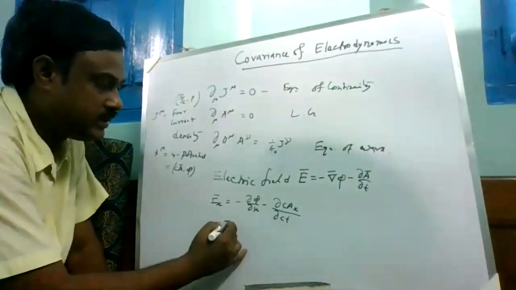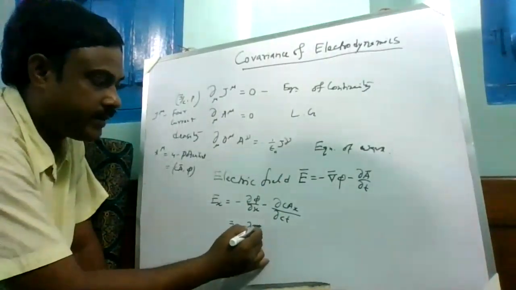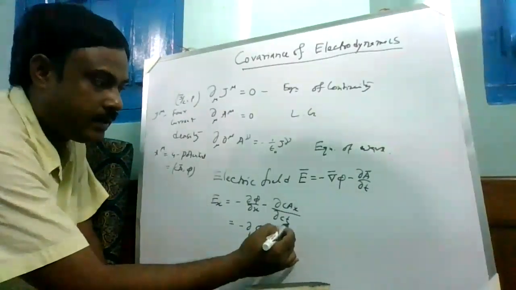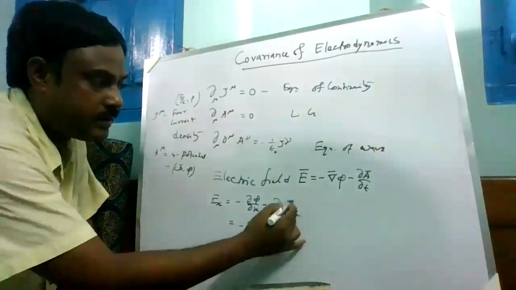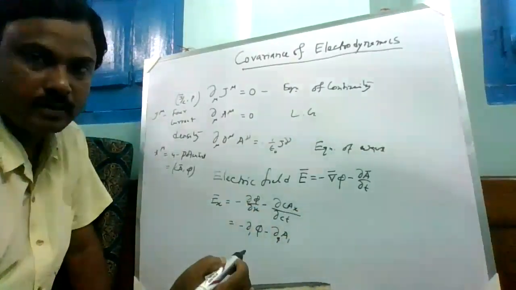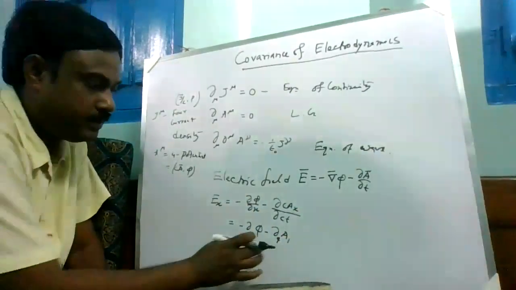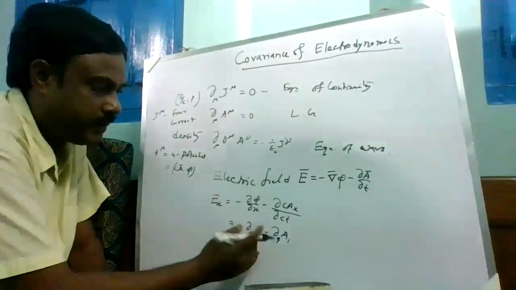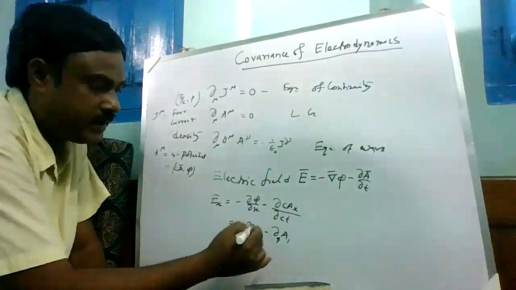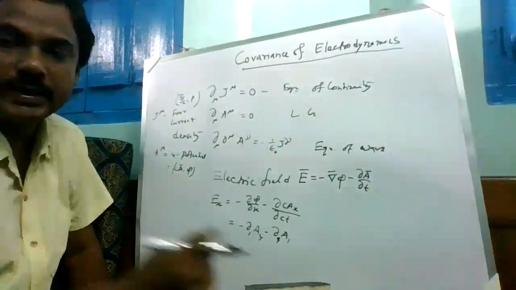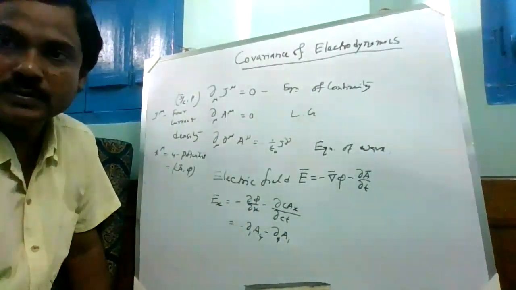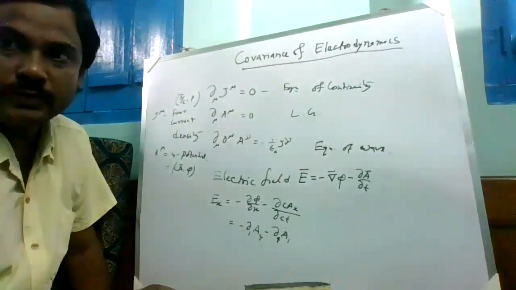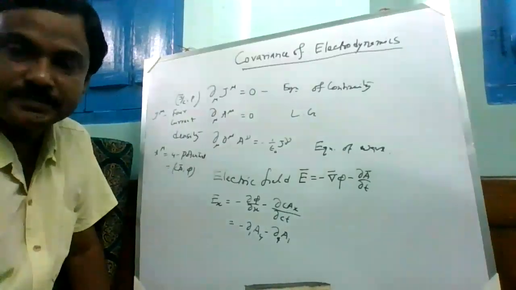You can write this as minus del 1 phi minus del 4 A1, where you can write phi to be A4. So minus del 1 A4 minus del 4 A1. There is a symmetry.